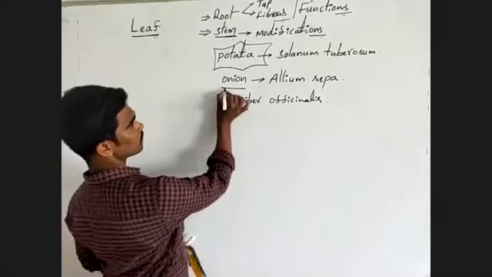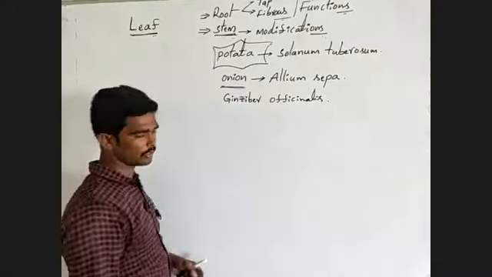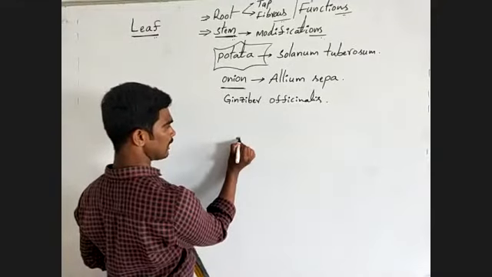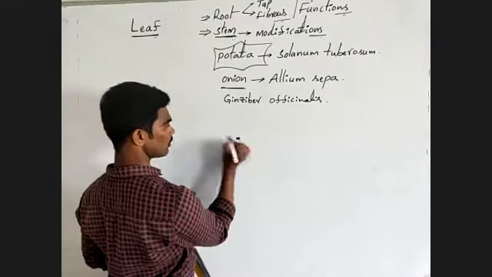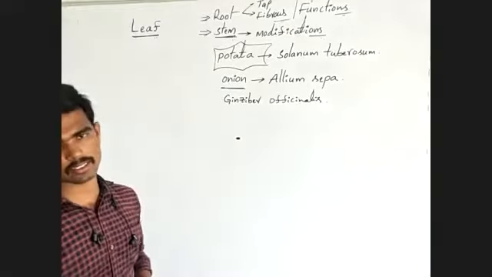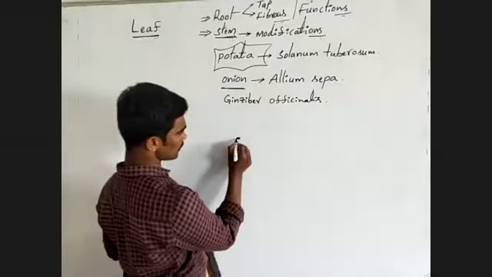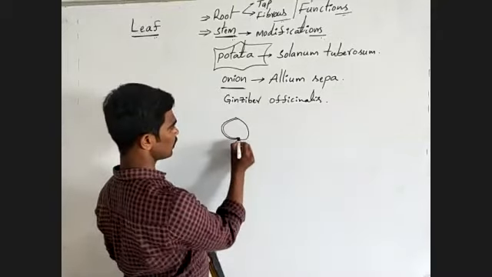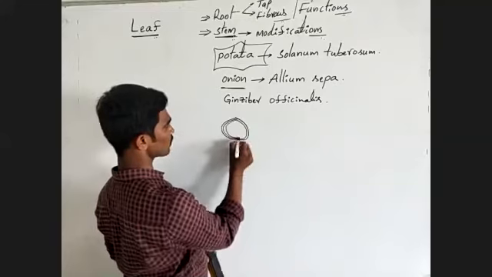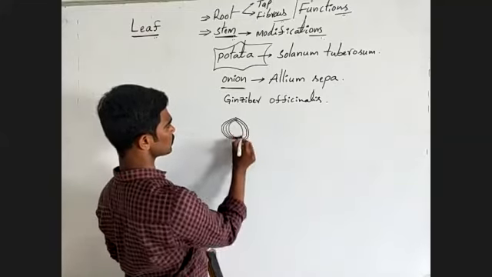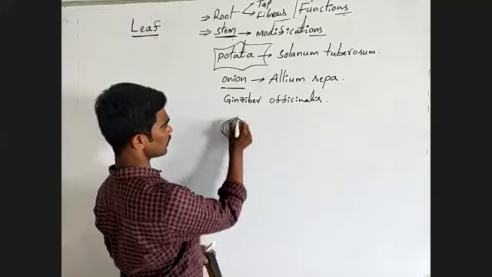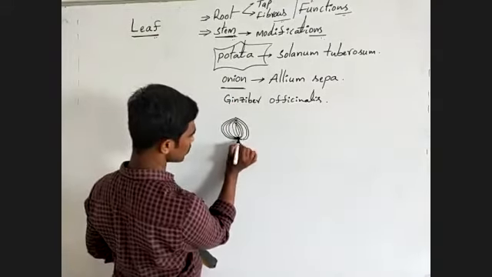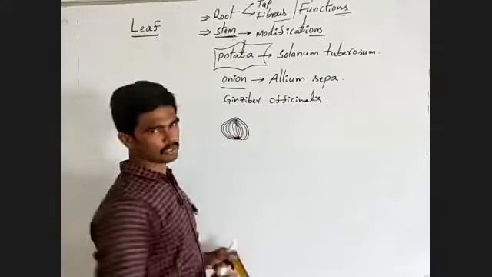For example, in onion, stem is modified into a very small disc-like structure. From this disc-like structure, leaves develop like this. Here only this is the stem. These are leaves actually.